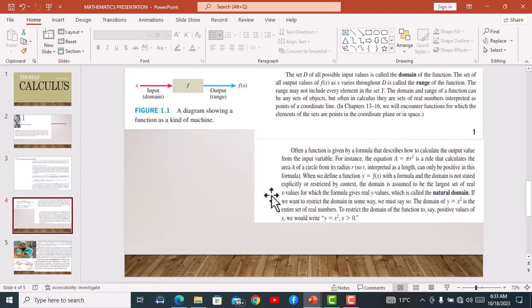Now let's continue with reading. The set D of all possible input values is called the domain of the function. We have understood that.